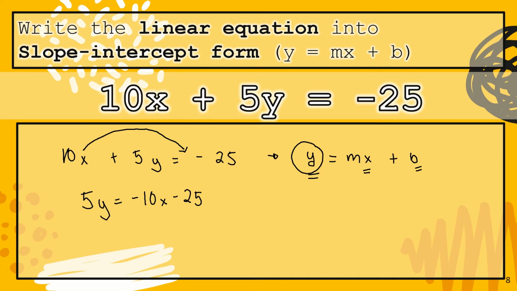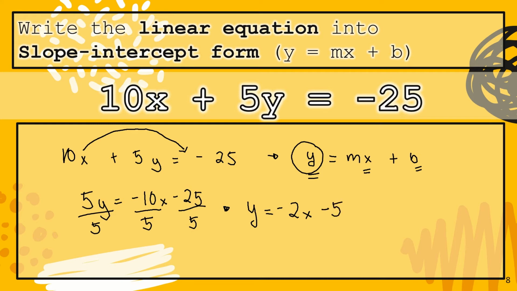So divide 5y by 5, divide -10x by 5, and divide -25 by 5. 5y over 5 is y, -10x over 5 is -2x, and -25 over 5 is -5.